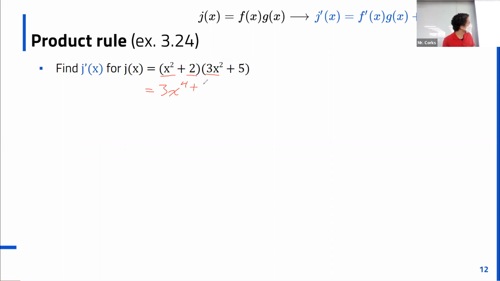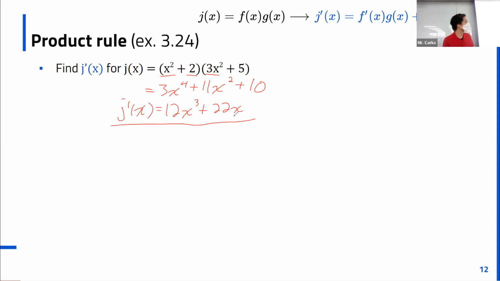So that would give us 11x squared, and 5 times 2, which is 10. Then here, we can do power rule directly. So our derivative, j prime of x, would be 12x cubed plus 22x, and then that's it.